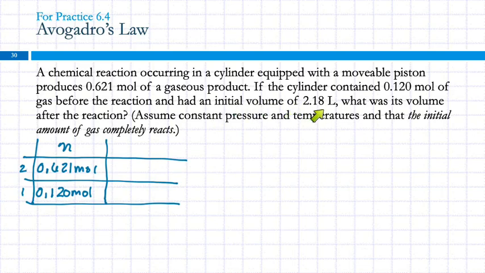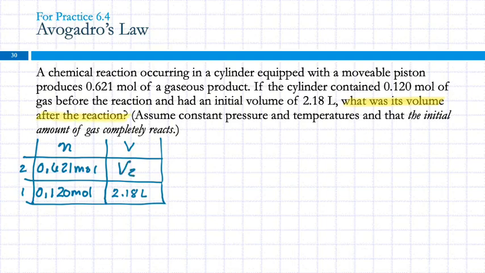It had an initial volume of 2.18 liters. So this is the initial volume, goes with the initial moles of gas. 2.18 liters. And that's volume. And then the question here, what was its volume after the reaction?